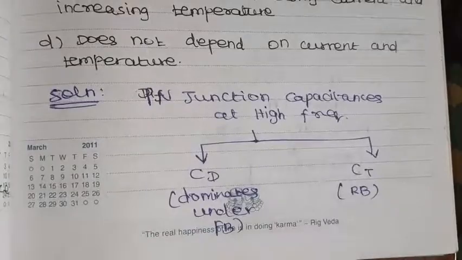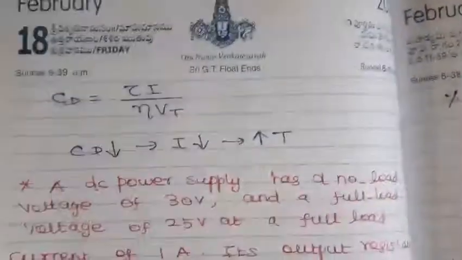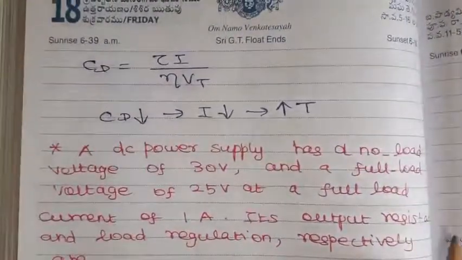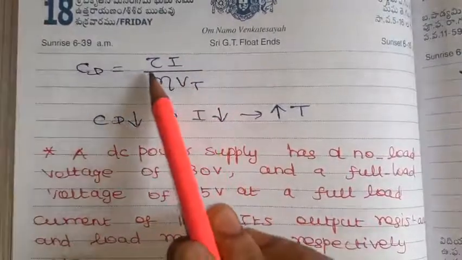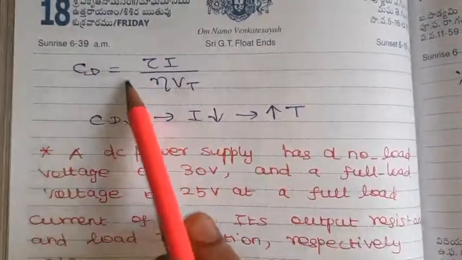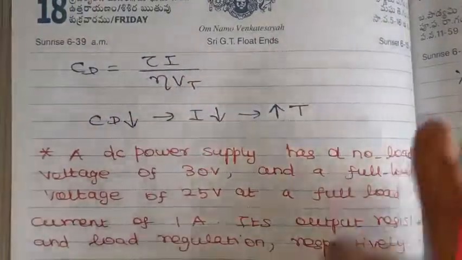So we are going to concentrate only on the diffusion capacitance CD. What is the formula for diffusion capacitance CD? Tau I by eta Vt, where eta is the efficiency factor, I is current, Vt is the voltage equivalent of temperature, and tau is the lifetime. So CD equals tau I by eta Vt. This is the relationship.